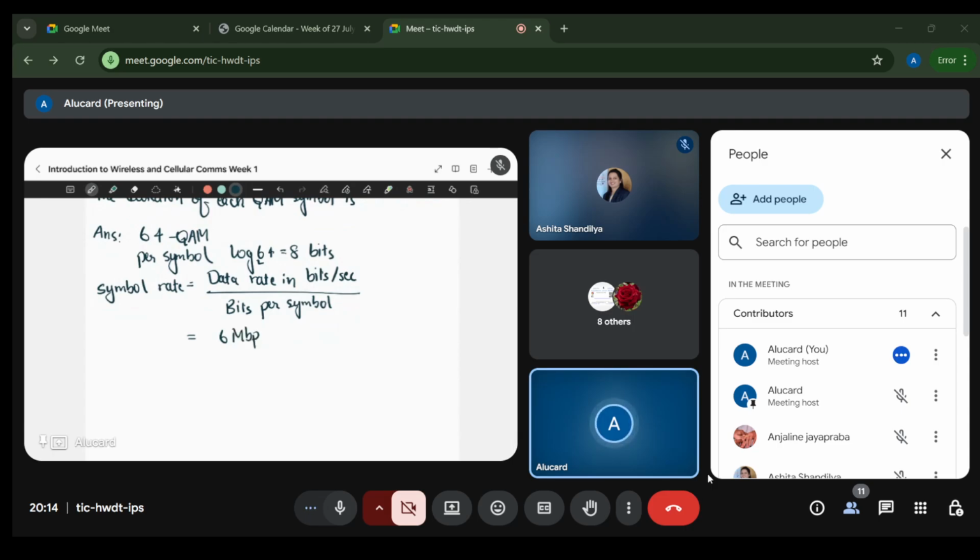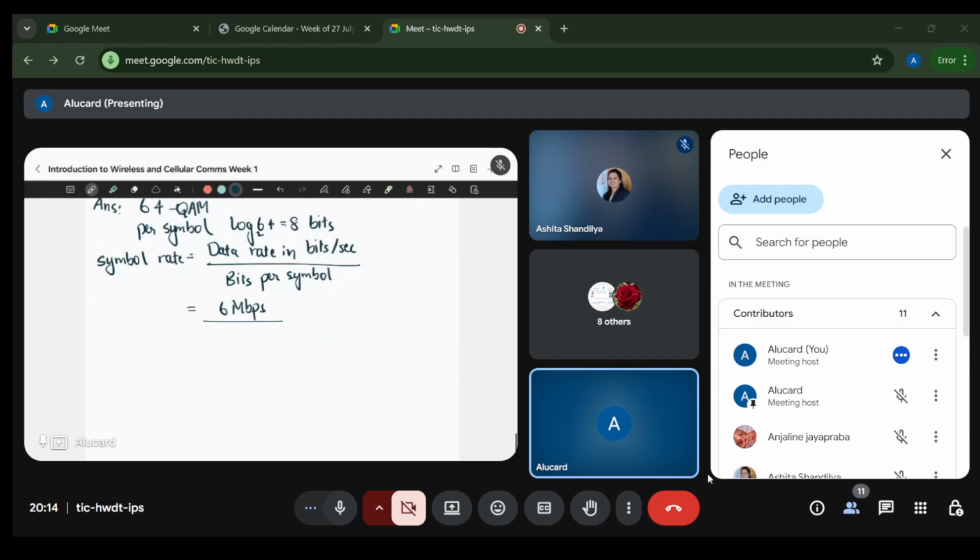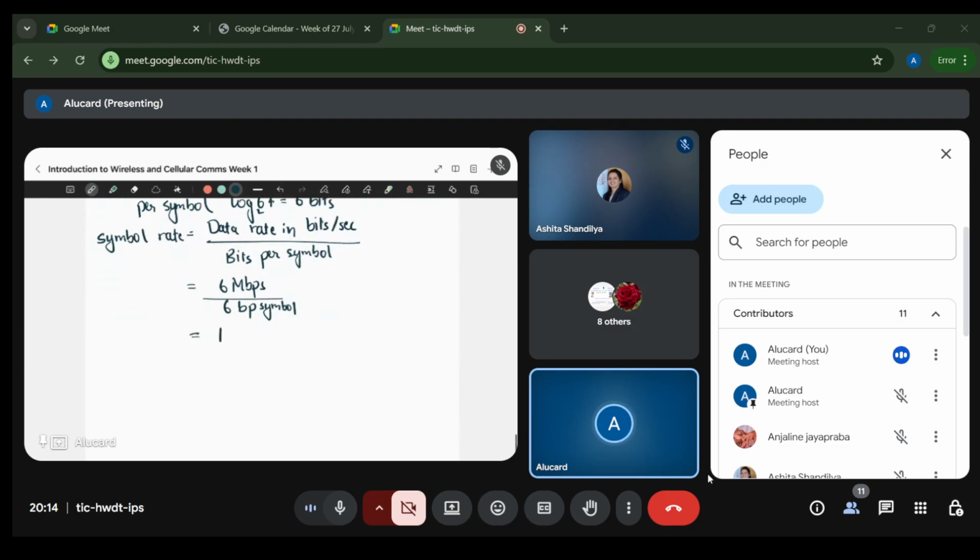In 1 second you are transmitting 6 into 10 power 6 bits, and every 6 bits is a symbol. So the number of symbols you're transmitting each second is just 1 into 10 power 6, your 1 mega symbol per second.